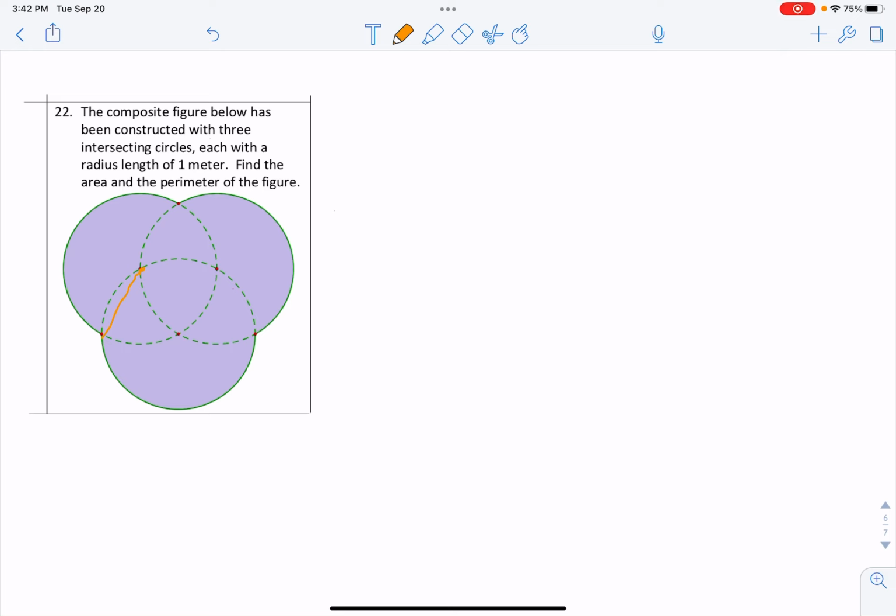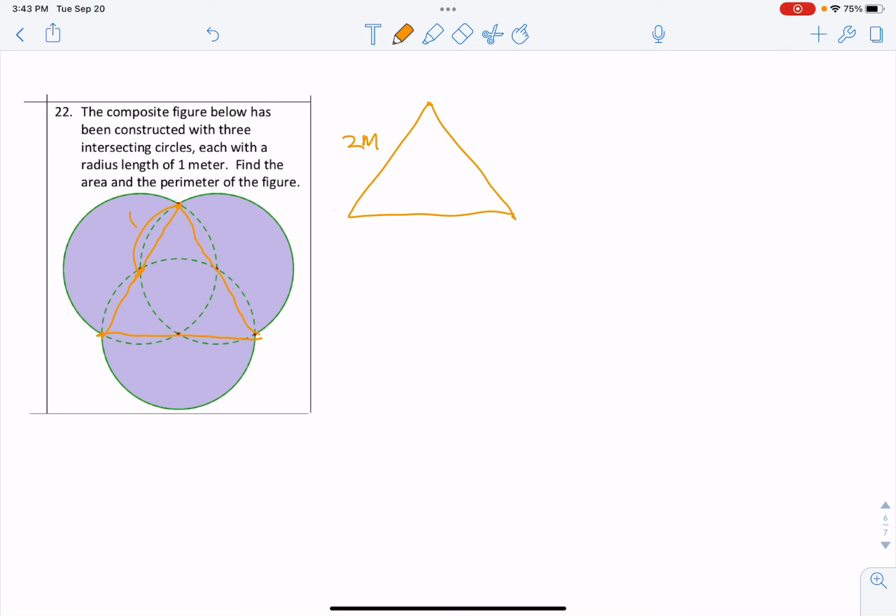If I draw triangles like this, each has the same length. It's an equilateral triangle, and this portion is 1. So the equilateral triangle will have one side length of 2 meters. Find the area and perimeter of the figure.